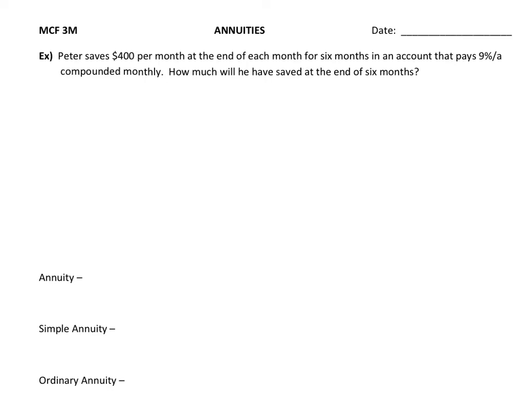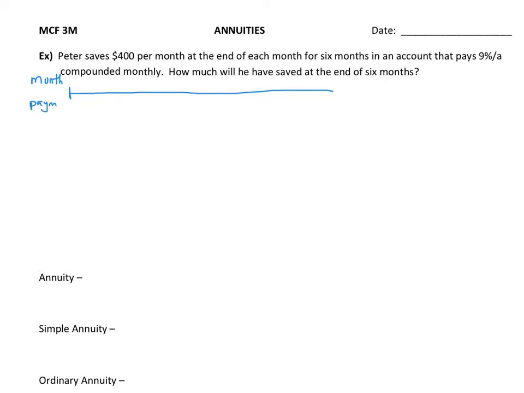So first of all, I'm going to develop what's called a timeline here. So it literally is a line where this is going to represent the month, and this will represent underneath the payment amount.